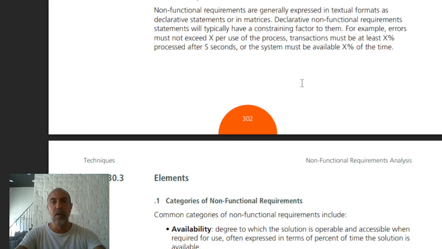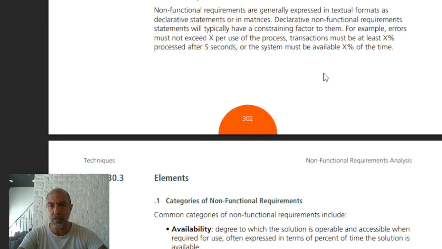So I read it. Non-functional requirements are generally expressed in textual formats, as declarative statements or in matrices. Text statements or matrices, as in like this, yes, tick, yes, no, yes, maybe. Declarative non-functional requirements statements will typically have a constraining factor to them.